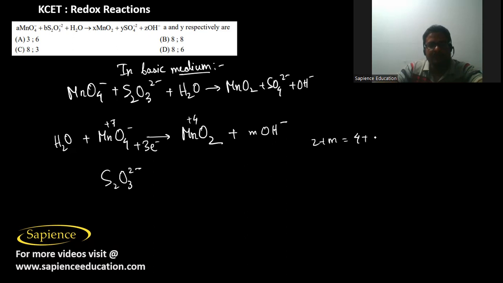So we need 4 plus m minus 2 hydrogens. So here also the number of oxygen atoms should be the same. So it should be m minus 2.